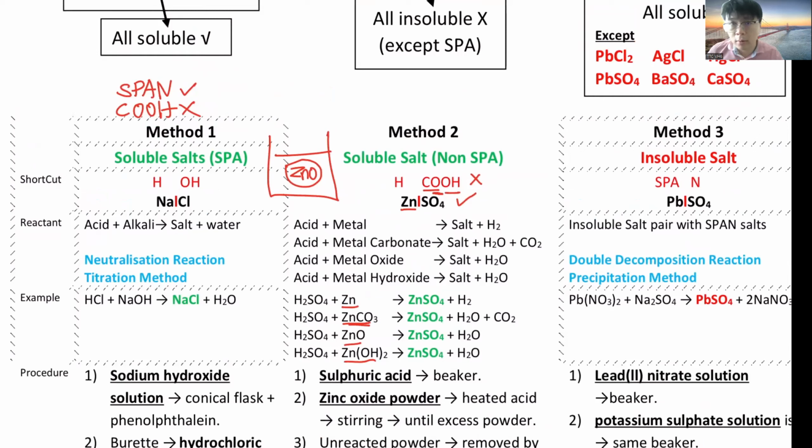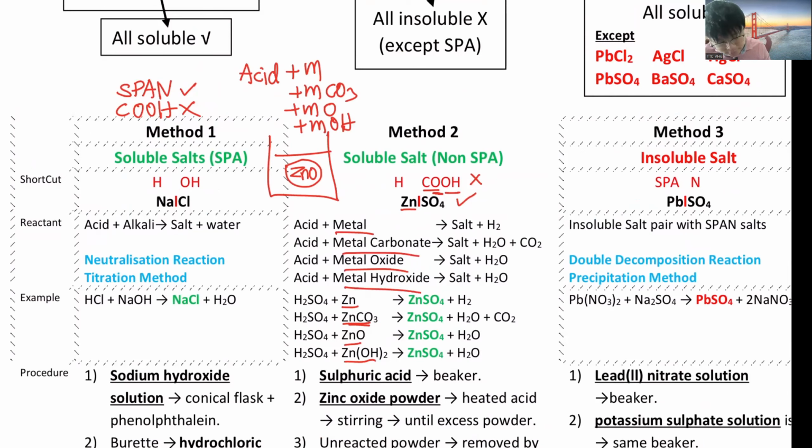One of the chemical properties of acids is that acid can react with metal carbonate, metal oxide and metal hydroxide.